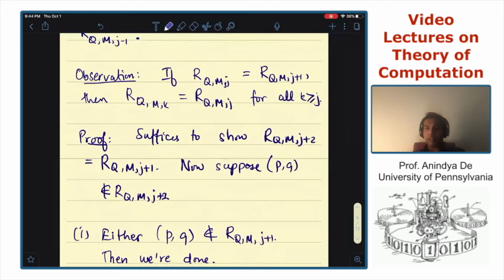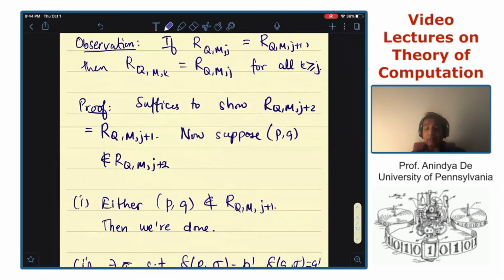Well, there are two possibilities by definition. Either P, Q is also not in R_{Q,M,j+1}. Well, then this pair has the same status vis-a-vis the equivalence relations R_{Q,M,j+1} and R_{Q,M,j+2}, so then we are done.